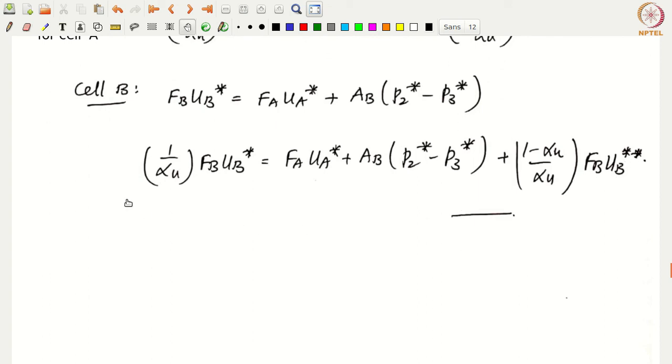So this is your under relaxed equation for cell B. Fine. So again, because of the non-linearity of the convection term, we have to do multiple iterations here so that we converge to a final solution that is driven through continuity satisfying velocity fields by the SIMPLE algorithm.